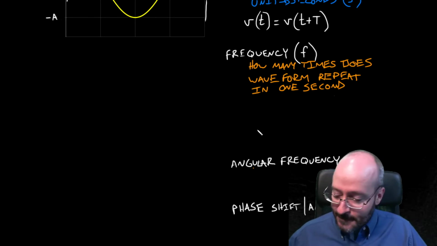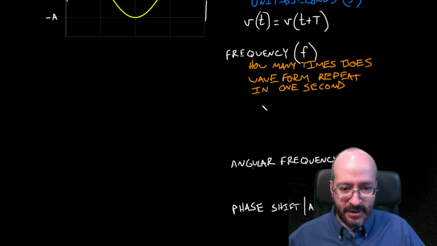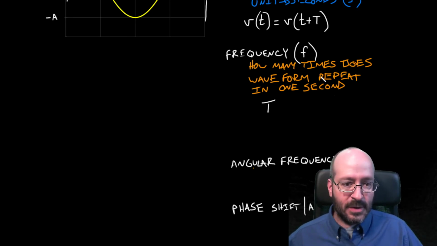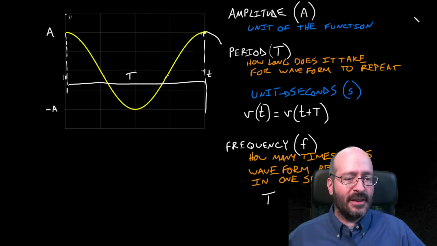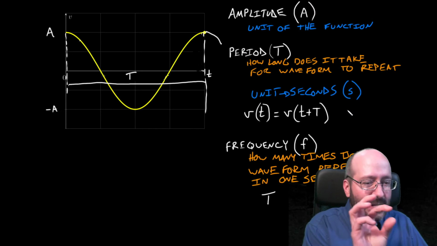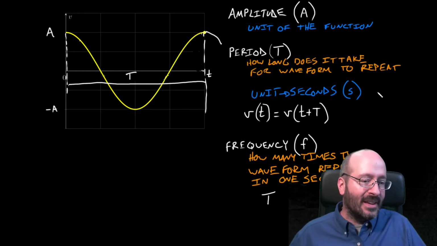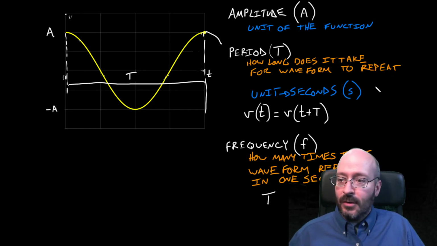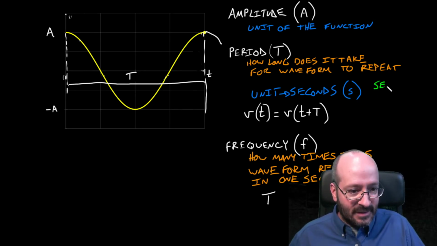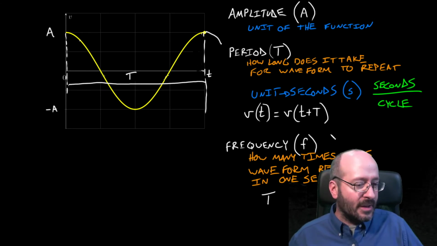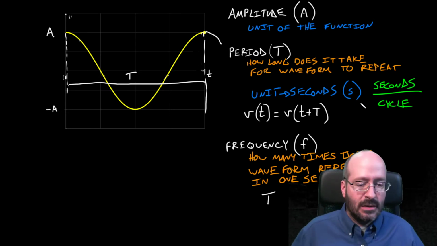In order to find that, we take the period, which is measured in seconds. It is measured in seconds, but think of it as seconds per cycle, since it's how many seconds it takes to go for one cycle. Cycle is really unitless, so a lot of times we just leave that off and say how many seconds it takes.